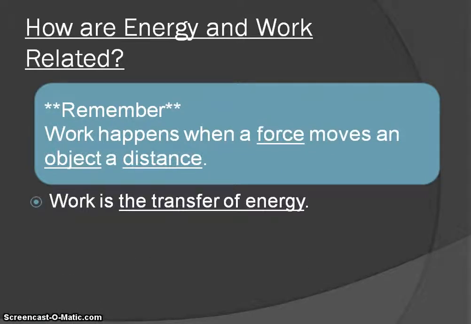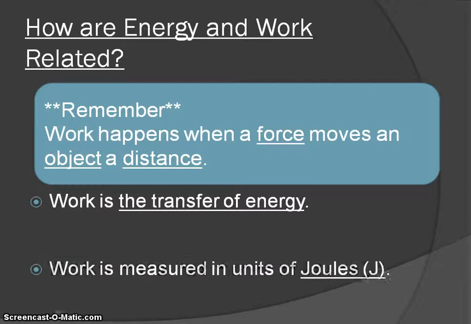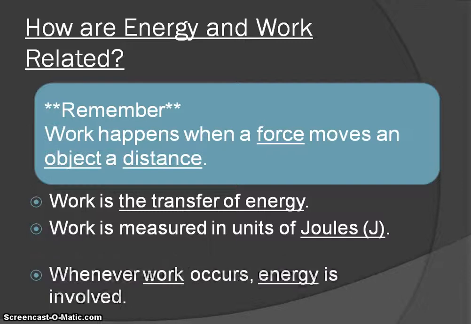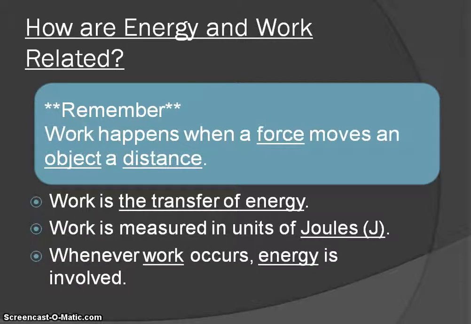And work, therefore, is the transfer of energy. Energy is making stuff happen. It's making things move. Both energy and work use the unit of joules. And whenever work occurs, energy is involved.